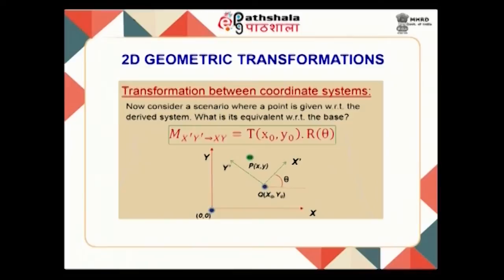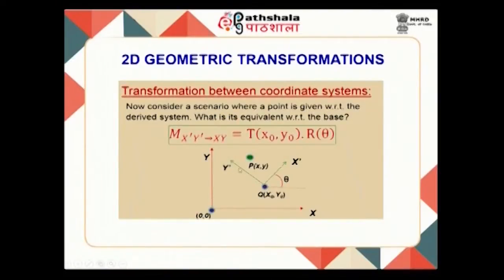Now, consider a scenario where, given a point with respect to the derived coordinate system, what is its equivalent in the base system? You can guess what should happen. Now we are doing exactly the opposite thing.